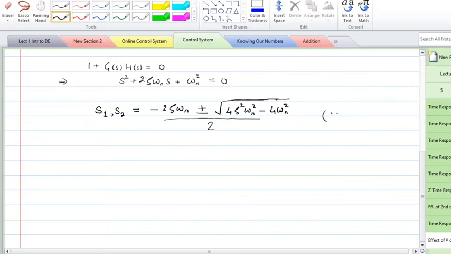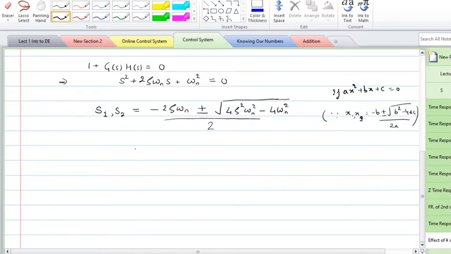That is using the formula, if x1 and x2 are the two roots, then it is minus b plus minus root of b square minus 4ac, by 2a, if the polynomial is ax square plus bx plus c equals 0.